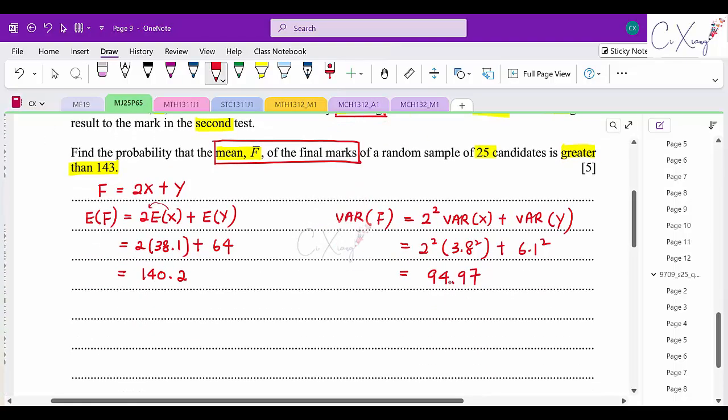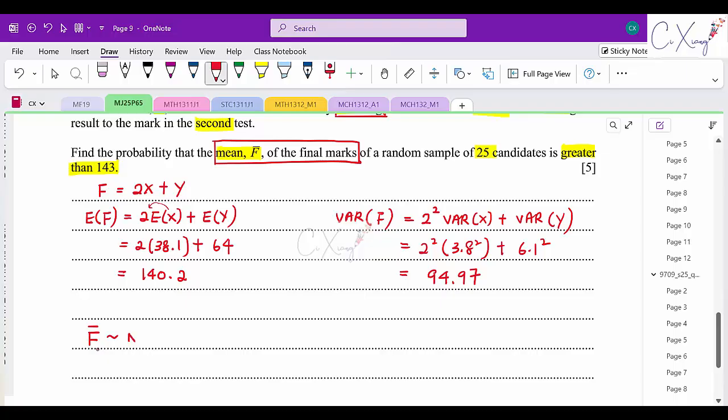But for now, we are looking for the sample mean. To calculate the mean marks for 25 candidates, you need to know the distribution of the sample mean. The original population, the final mark, is normally distributed. Therefore, the sample mean is also normally distributed.